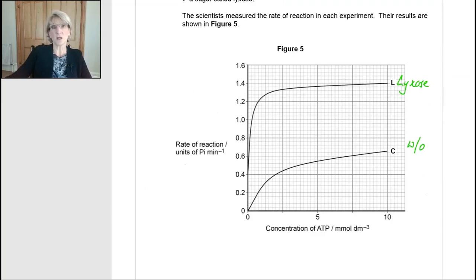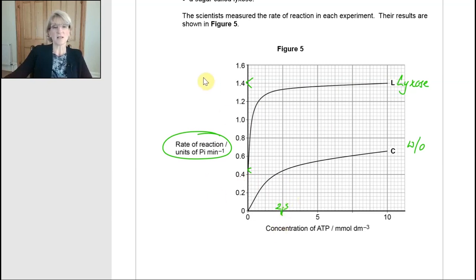Now, I thought this was going to be really horrible until I realised that this y-axis is actually the rate of the reaction. So this is the maximum rate of the reaction for Lactose, didn't get any higher, whereas this is the rate of reaction for without Lactose at 2.5 here.